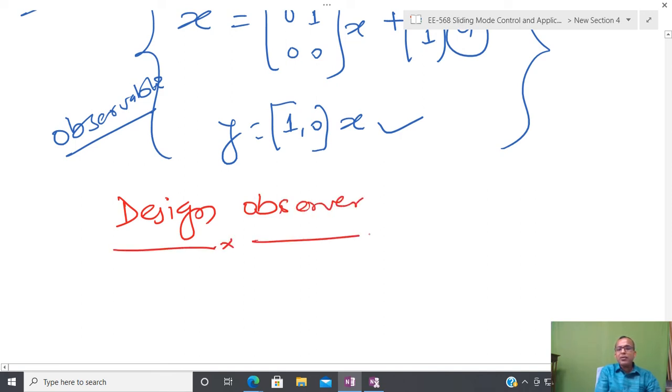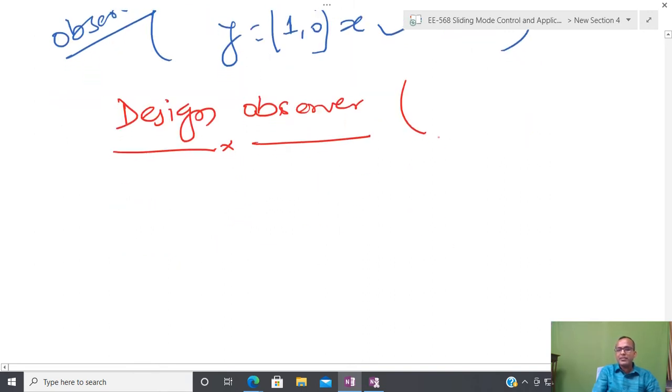And this problem is classically solved by one of the famous researchers, whose name is Luenberger. This observer is also named after him, the Luenberger observer.